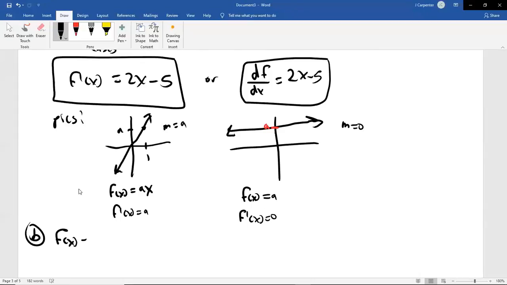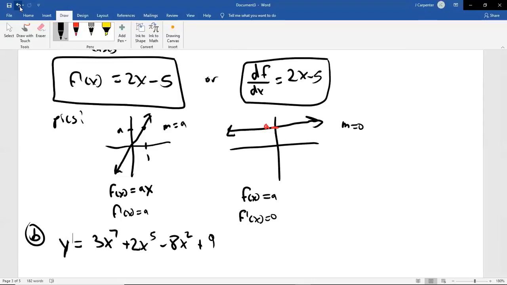And let's make it uglier at the same time. Let's just write this as y equals 3x to the 7th plus 2x to the 5th minus 8x squared plus 9.